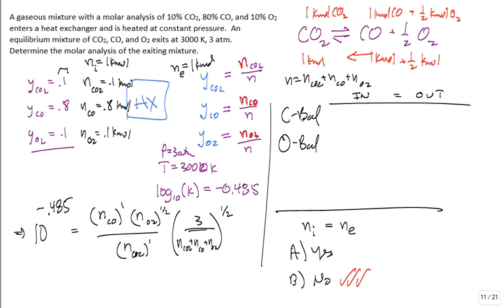How much do I have of the carbon coming in? Well, for every amount of CO2 coming in, I have one carbon with it. And for every CO coming in, I have one carbon with it. And for every O2 coming in, I have no carbon with it. So what's on the left-hand side of this balance equation is 0.8 plus 0.1, 0.9.